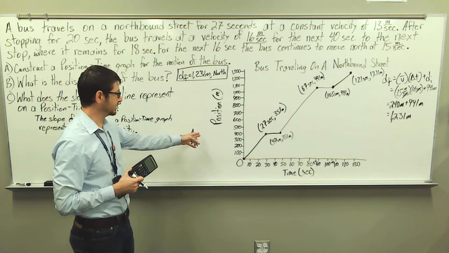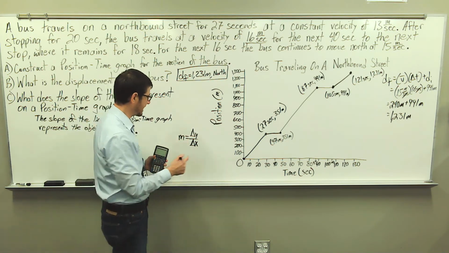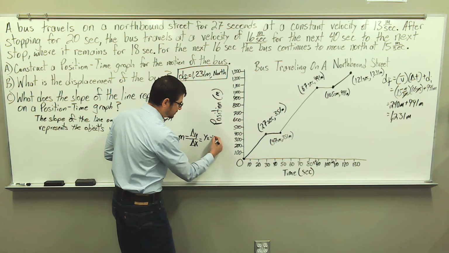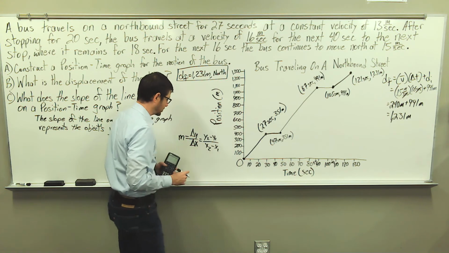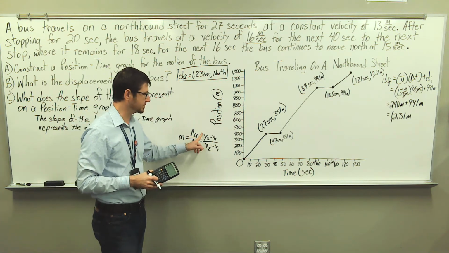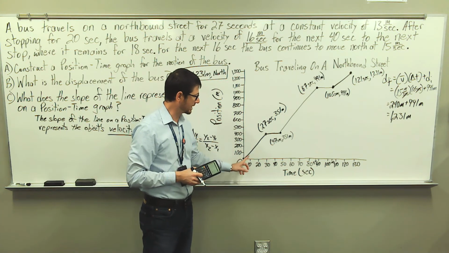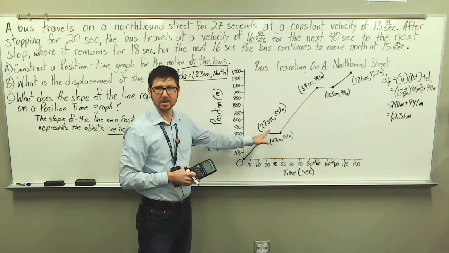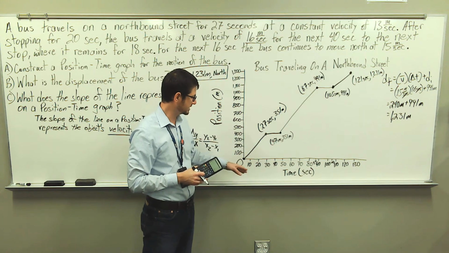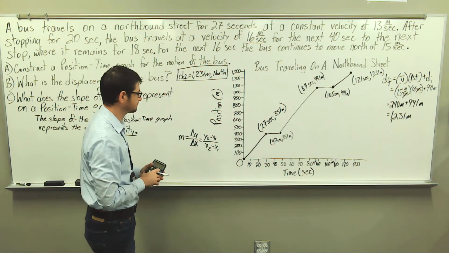So the change in y divided by the change in x, this is going to be y2 minus y1 divided by x2 minus x1. So y2, so this is my first ordered pair. We're going to use this as our second ordered pair because we're going to calculate the velocity of the bus during this time period here.